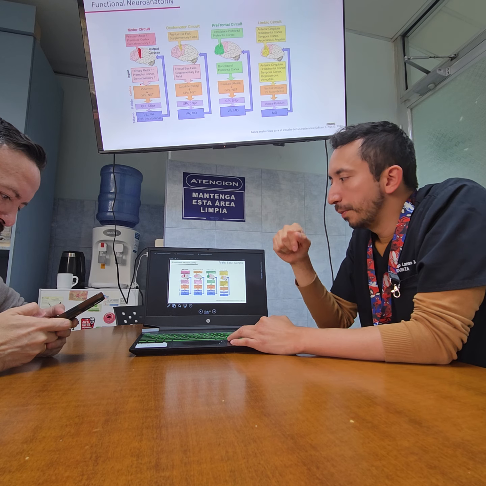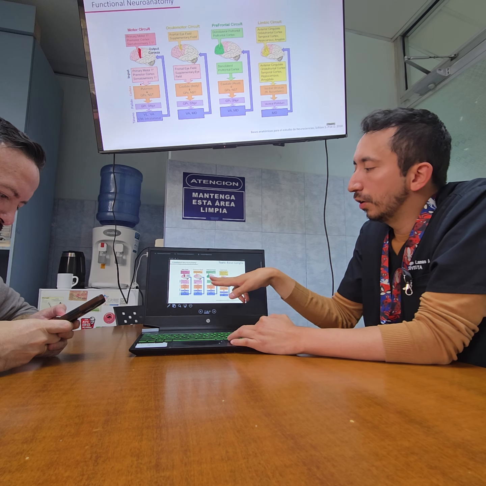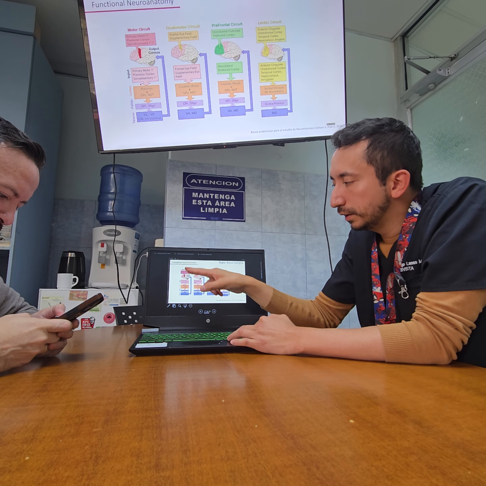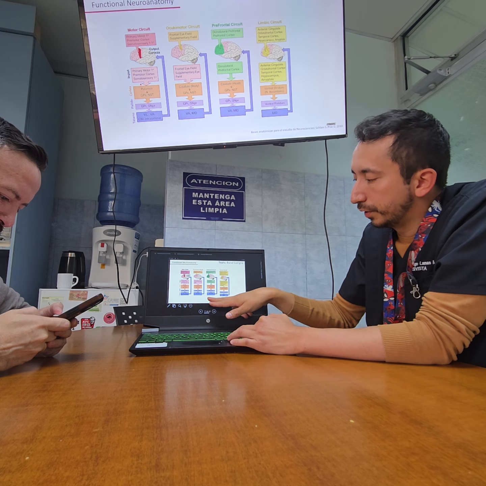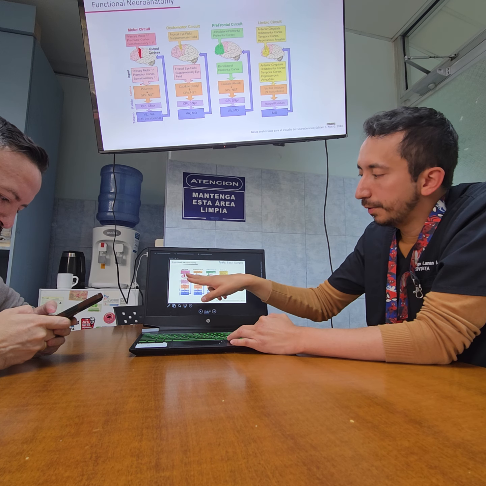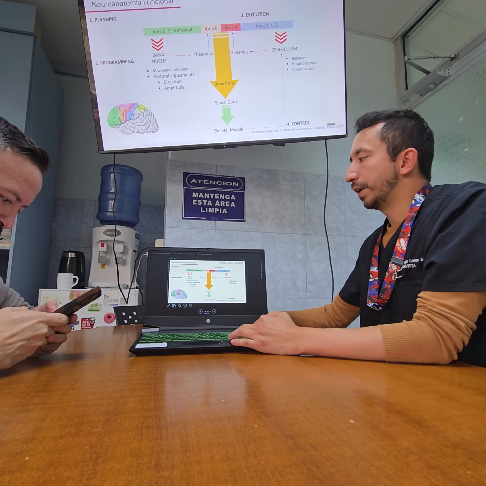It's very important. The first one is the cerebral cortex in all of them, and the last one is the cerebral cortex in all of them. This is very very important.